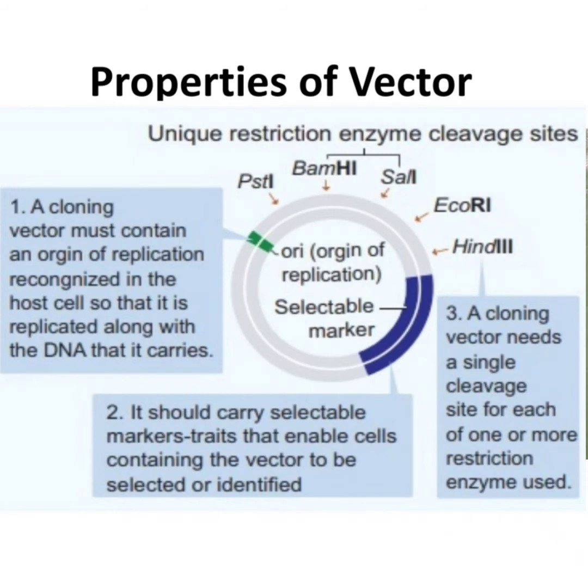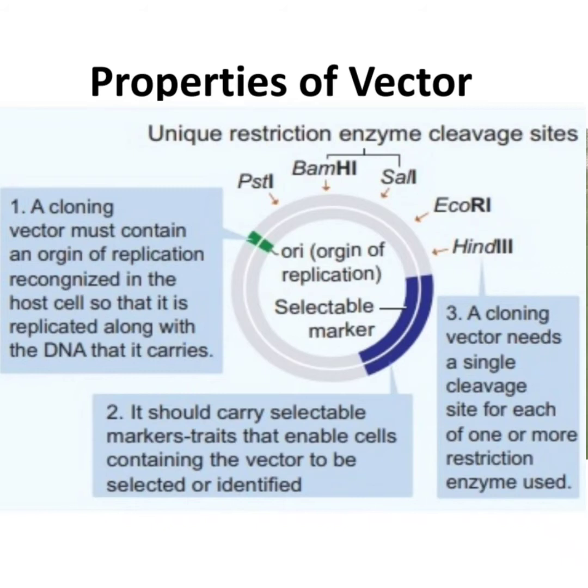Here you can see the properties of vector that has been summed up. So unique restriction enzyme cleavage sites have been shown of PstI, BamHI, SalI, EcoRI, HindIII. ORI is an origin site of replication, and you have a part called the selectable marker.